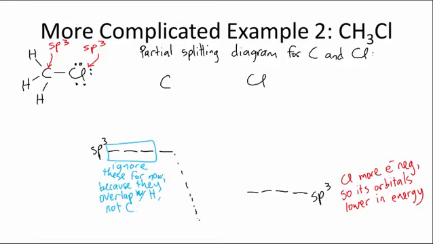So that's going to make a bonding orbital that I'm going to call sigma CCl. And it's going to make an antibonding orbital that I'm going to call sigma star CCl. So just like we said before, anytime we make a bond, we're going to make a bonding orbital and an antibonding orbital.